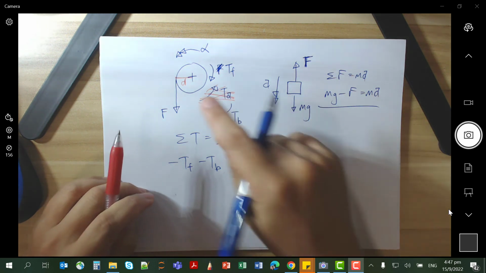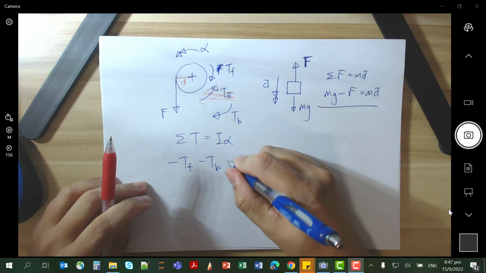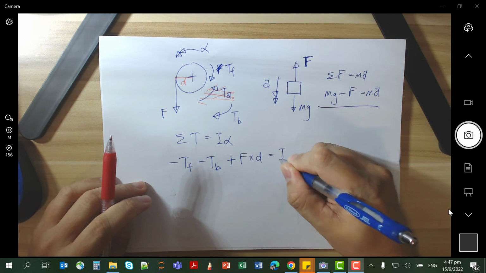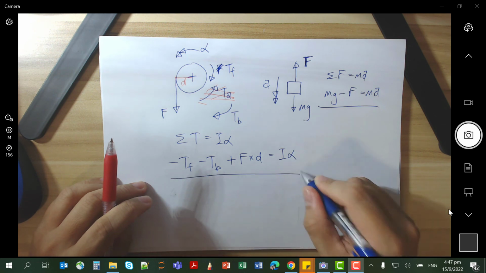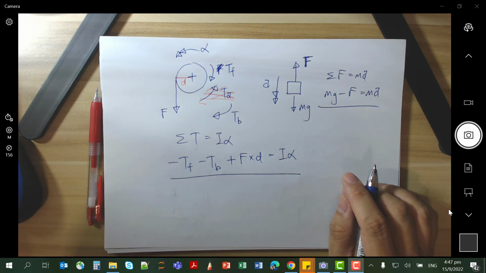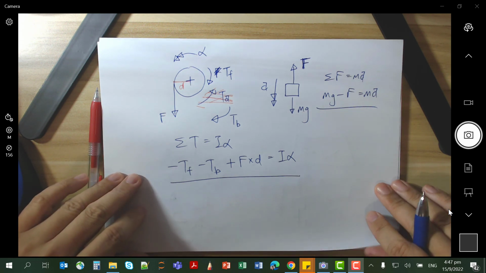So this is the only moment that is in the same direction as alpha, so this one will be plus, equals I alpha. So this is how you form your equation. If you do not form it correctly, then you will not be able to solve the problem.